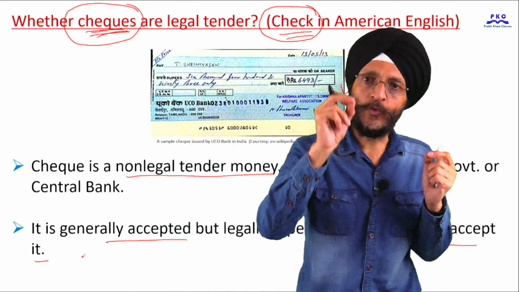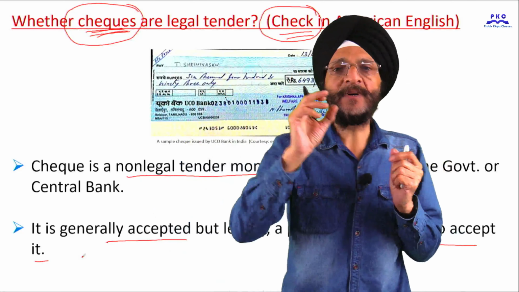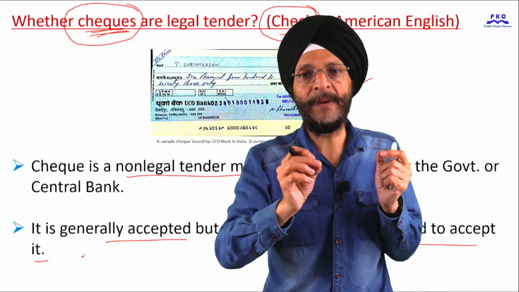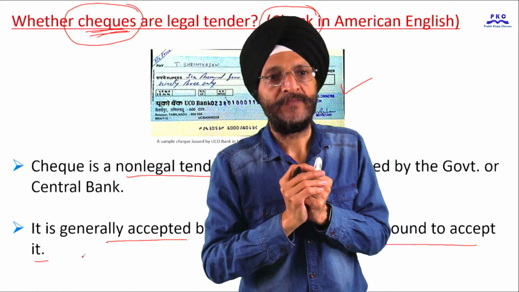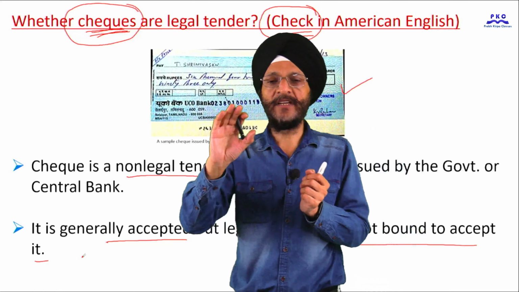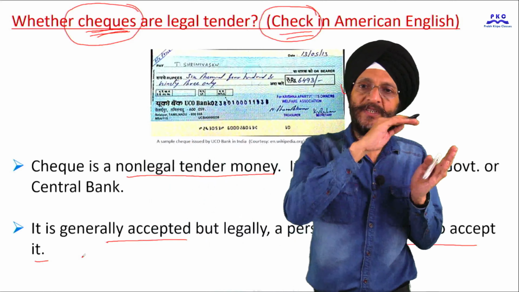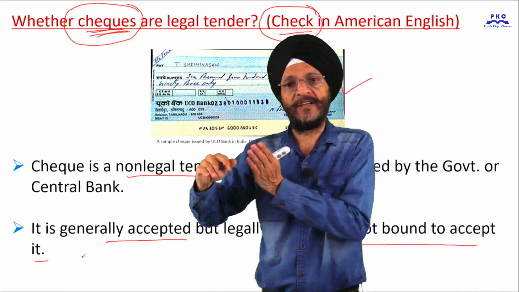You cannot force any person or business organization to accept the payment by check, because it is not legal tender. The person is not legally bound to accept the payment by check.